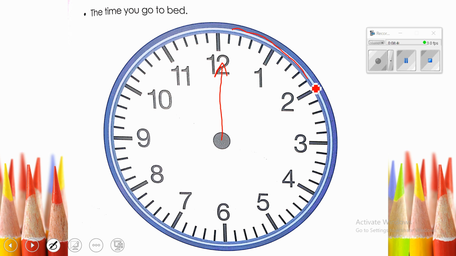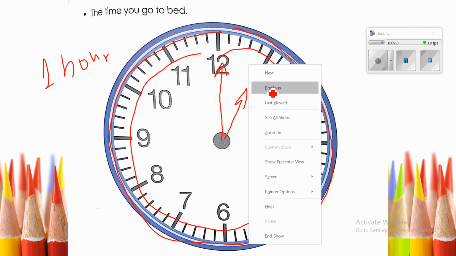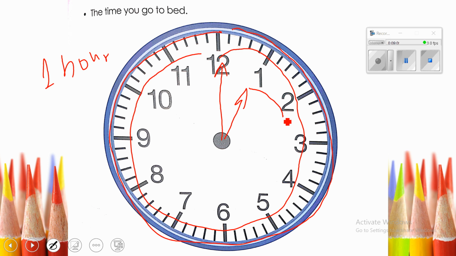When it continues a full round, it will be 1 hour. So if this one is the hour hand, when the minute hand moves a full round, the hour hand only moves from this number to this number. It will be the next hour. Okay? Let's erase again.